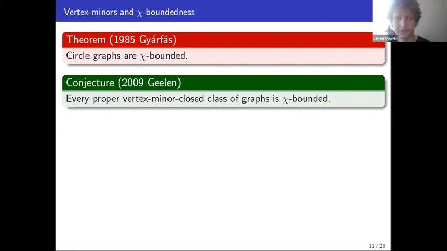This is a much more general statement because, like how we saw circle graphs forbid these small wheels as vertex minors, instead of forbidding a small wheel, you can give me any large complicated graph you want. And if you forbid that as a vertex minor, then this conjecture says that you're chi-bounded.